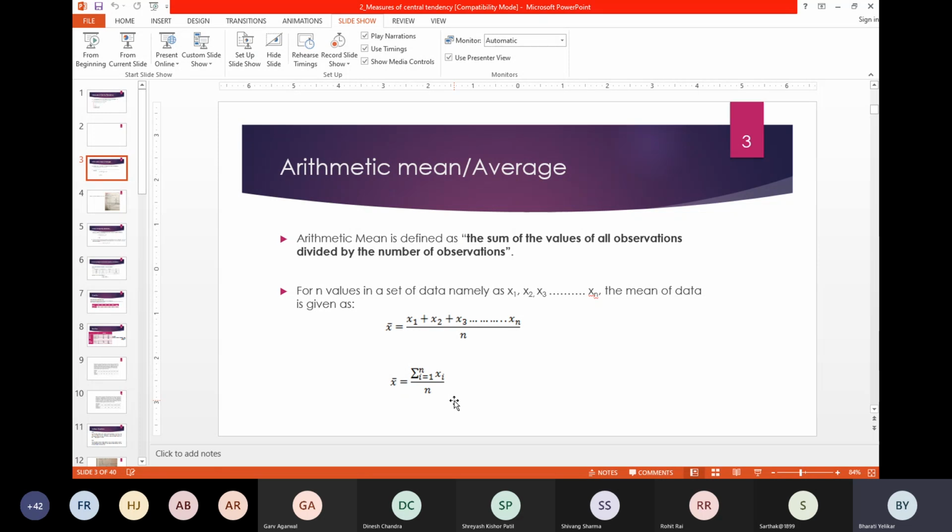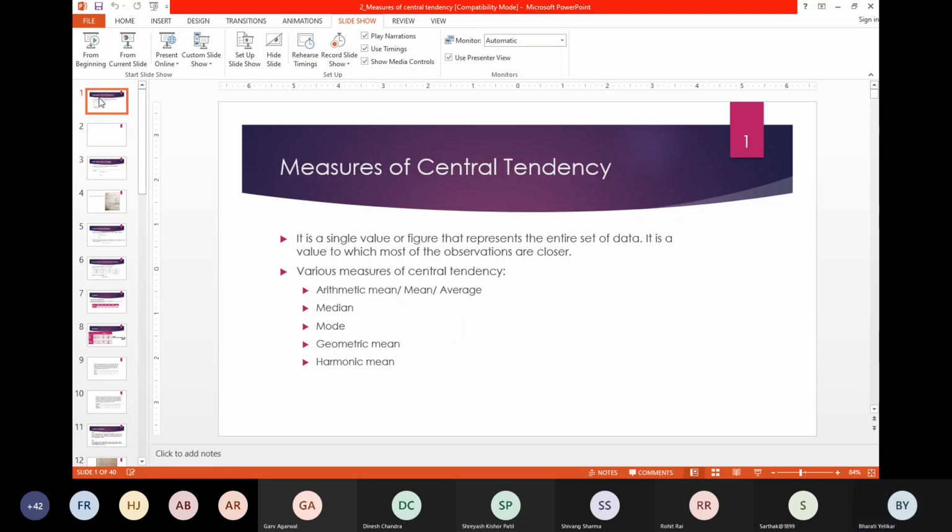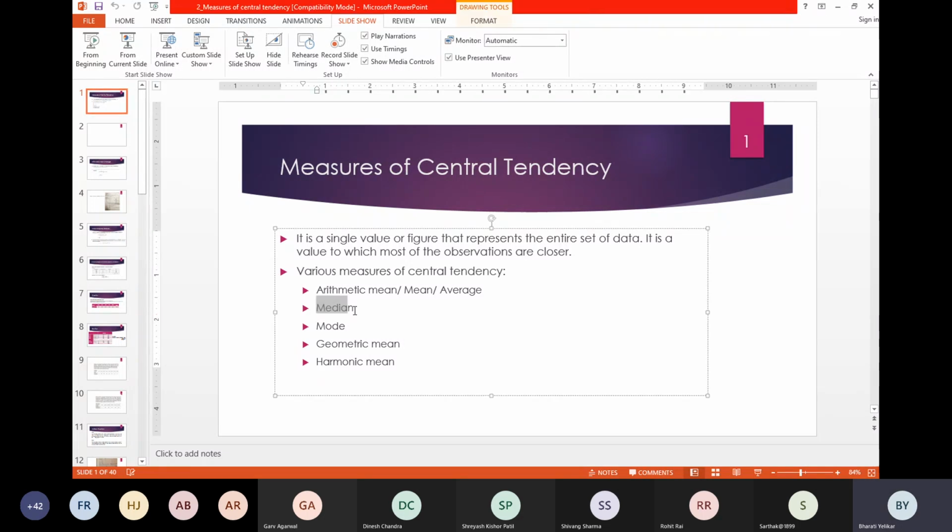And what is the median? Median is the middle value in a data set that is arranged in ascending order, that is, from the smallest value to the largest value.